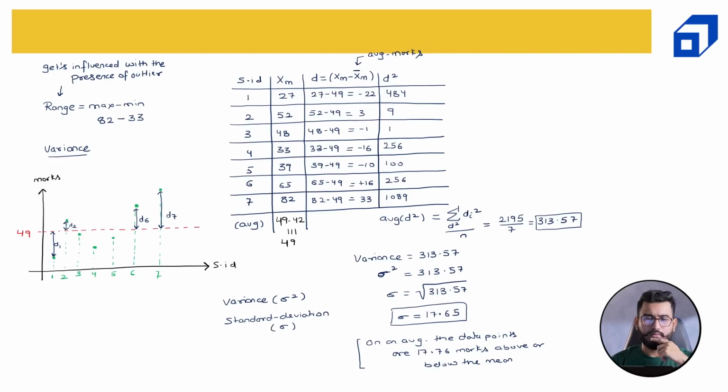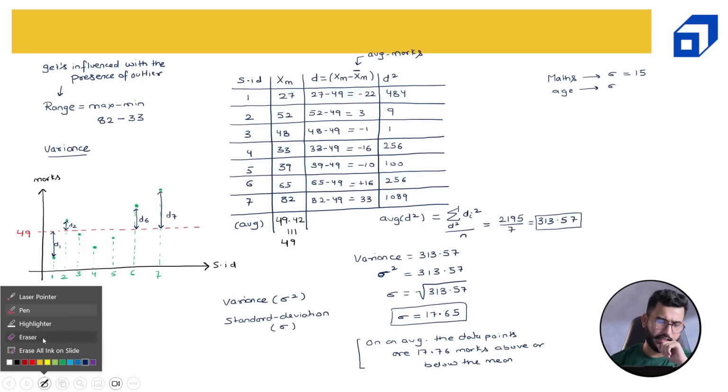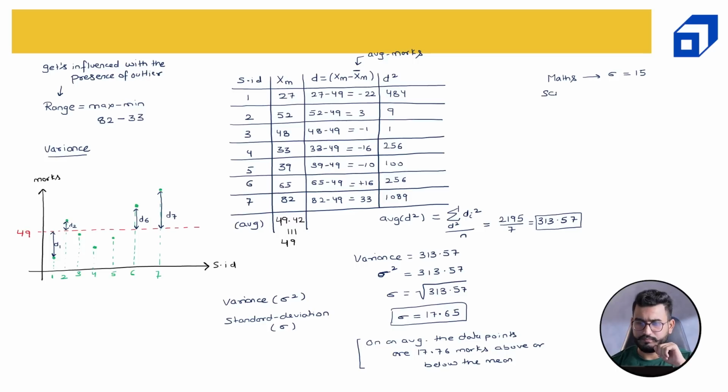But there is a problem. Let's say I have two subjects, maths having a standard deviation of, let's say, 15 marks, and another subject, science, having a standard deviation of, let's say, 20.